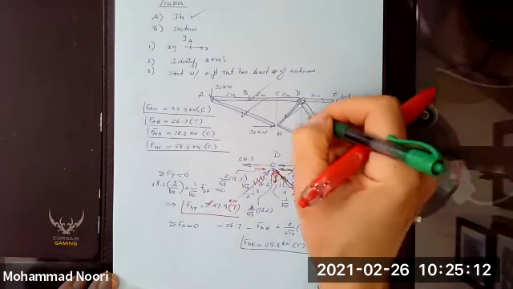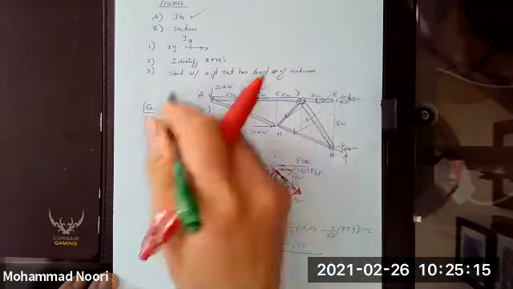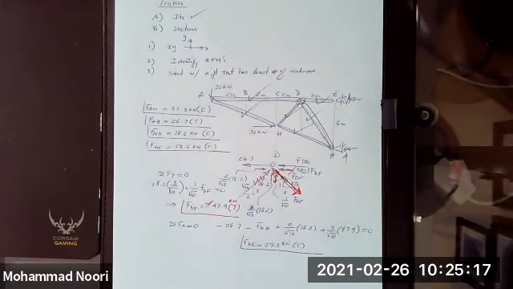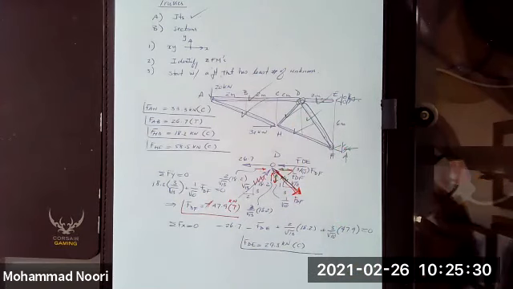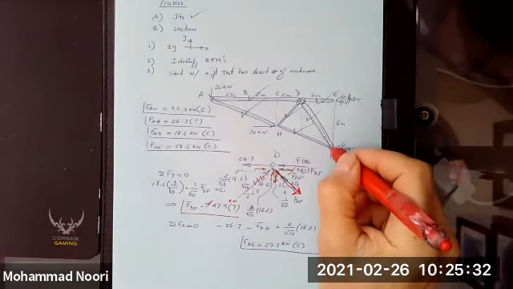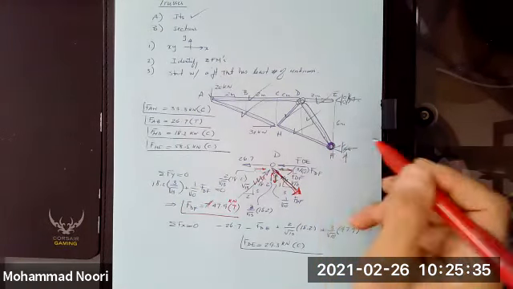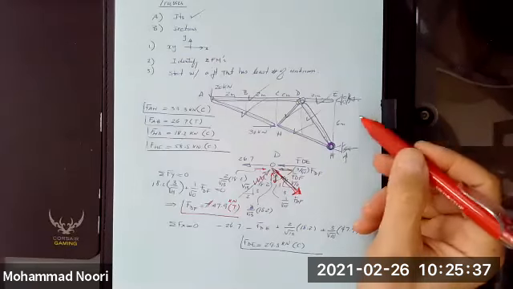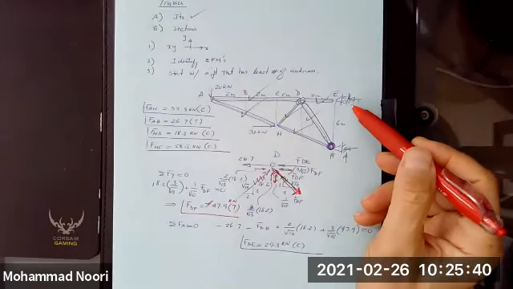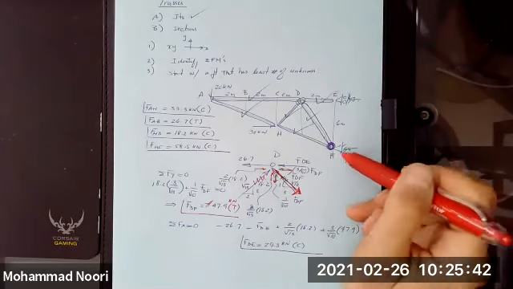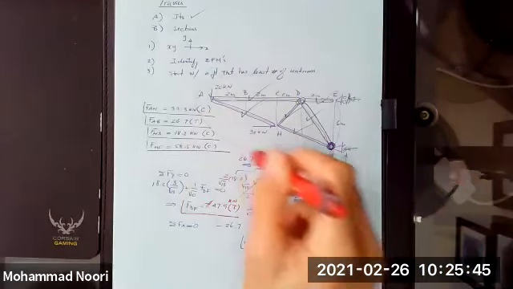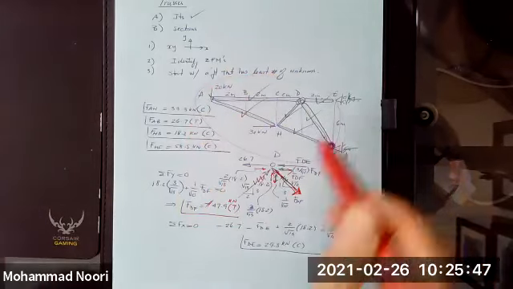So we solve for this and this now. All member forces have been found. If you want to verify that your answers are right, as I promised, you always end up with one free body diagram that you had not used. What is that? You haven't used this joint free body diagram, but that requires that you find these unknowns, which you could have found by looking at the free body diagram of the whole structure.